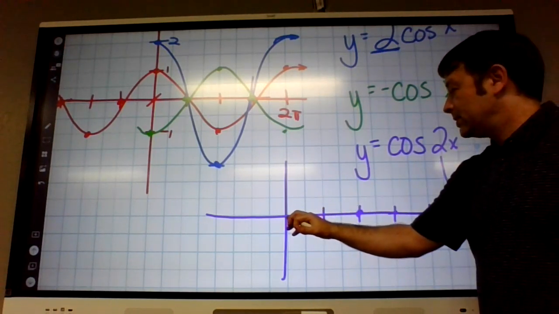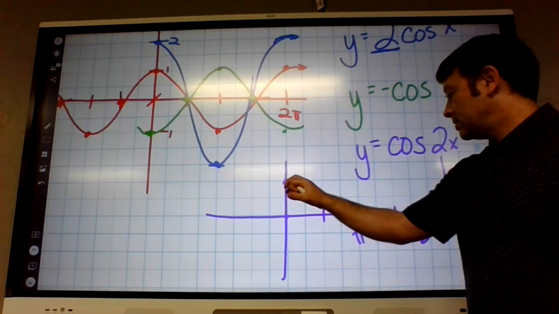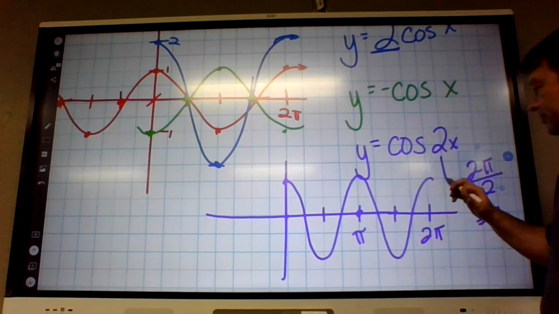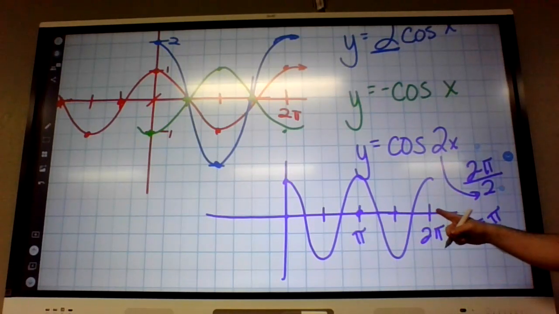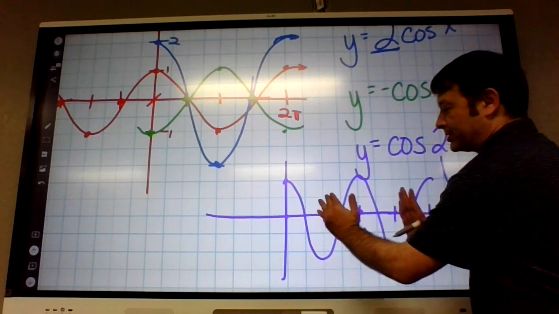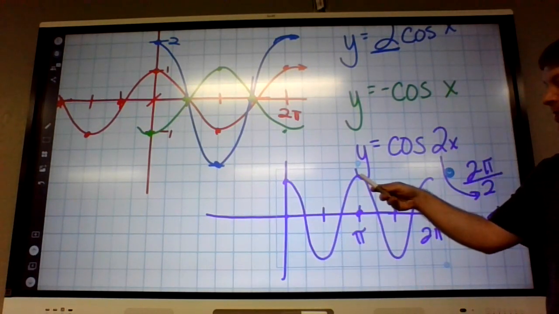So, we're doing cosine, aren't we? So I've got to get down and up and down and up twice. So it's a horizontal compression. It goes through one period just by the time you get to pi.